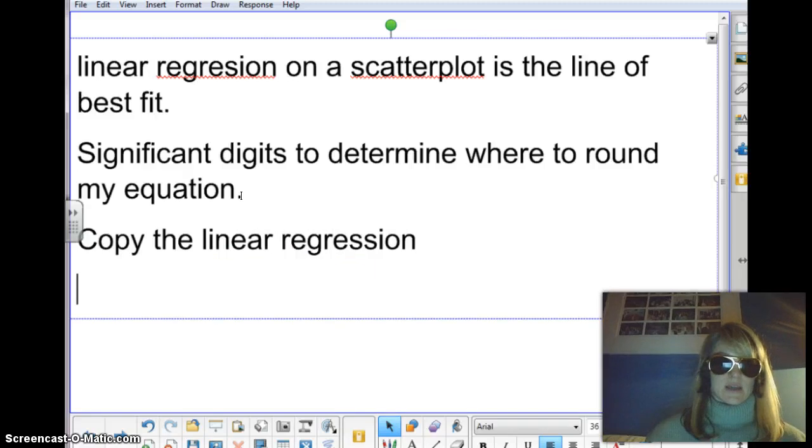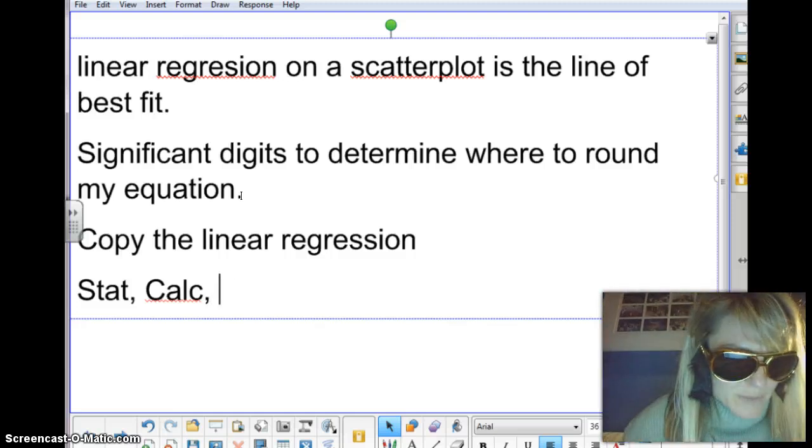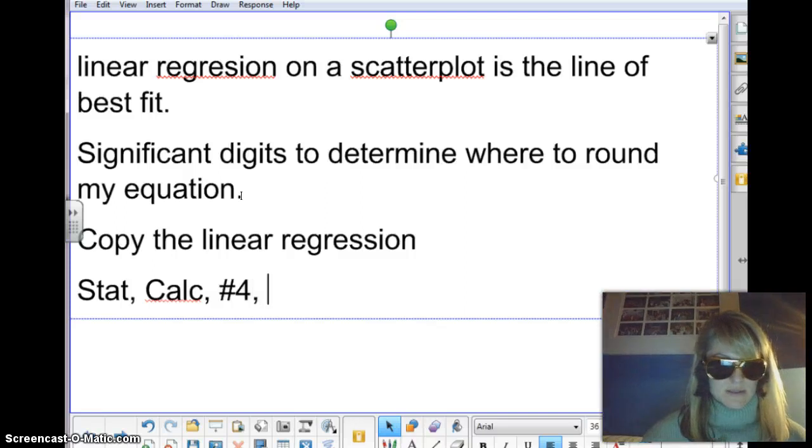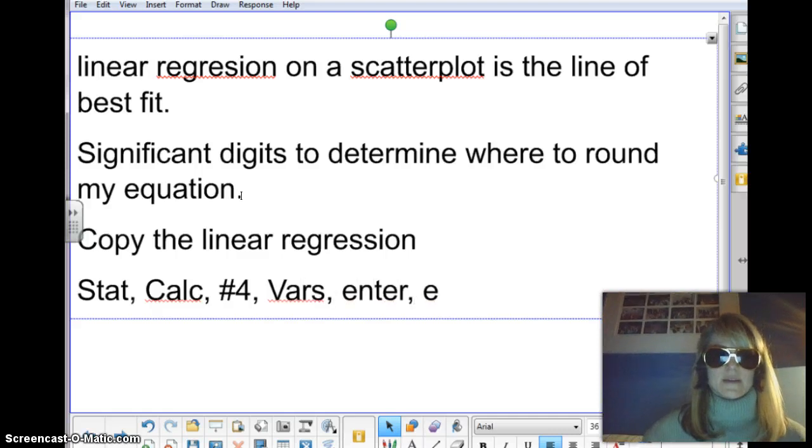First we hit stat, then we hit calc, right arrowed over to calc. We hit number 4 for linear regression. Then we hit the vars button and enter, enter. And it went into y1 for us. So that's how we copy it into linear regression.